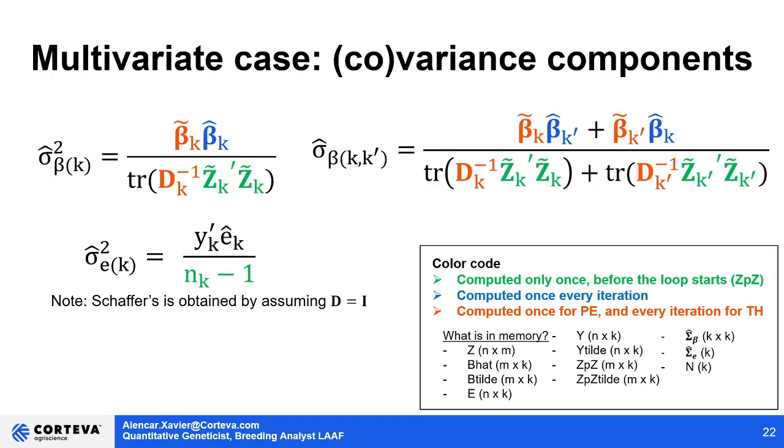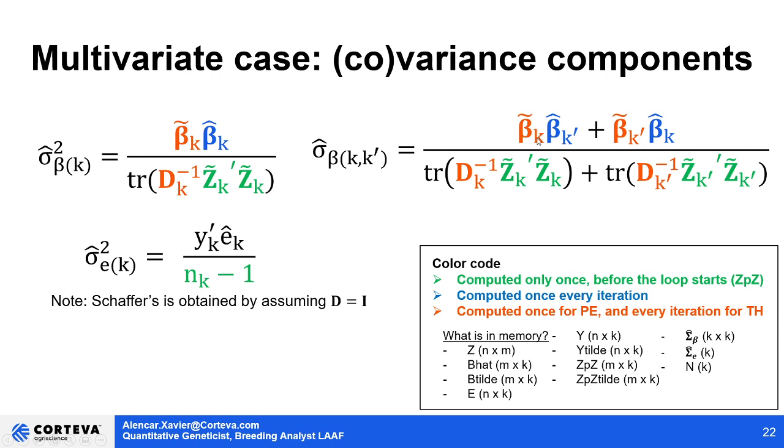So basically, what do we keep in memory, or what's the solution of those variance components? It's rather straightforward. It's just the b tilde times the prime b hat divided by the trace. One more time, we don't have to calculate Z'Z in the inverse. We just use the diagonal elements to get the trace. Same with the covariance.